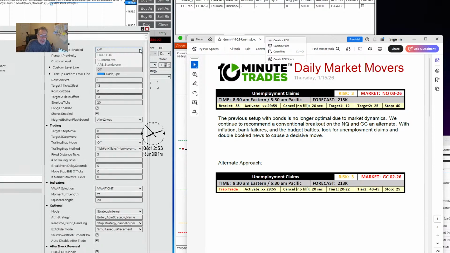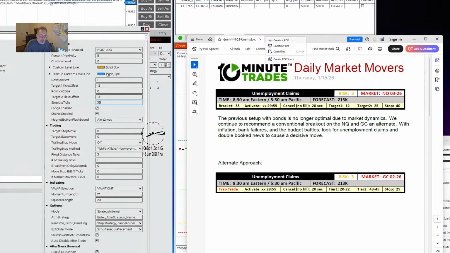So if you choose high of day, low of day, proximity 5 for argument's sake, all right? Position 1 is a 1 and the first target is -3. Let's say you just trade one contract, full size gold, 35 tick stop, all right? And you can trade micro gold on this also.